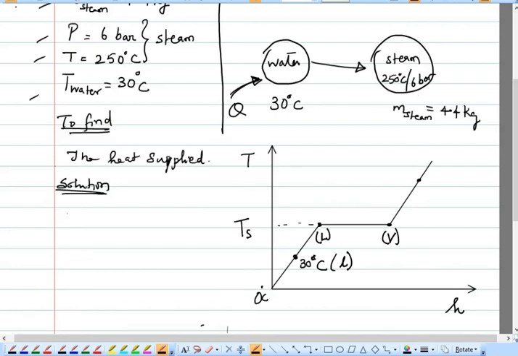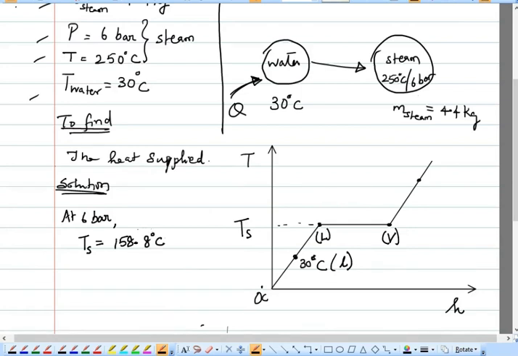So first what we have to do is corresponding to 6 bar, what is the saturation temperature? You check this from steam tables or Mollier chart. This comes around 158.8 degrees Celsius.